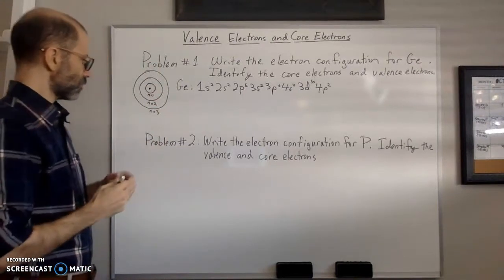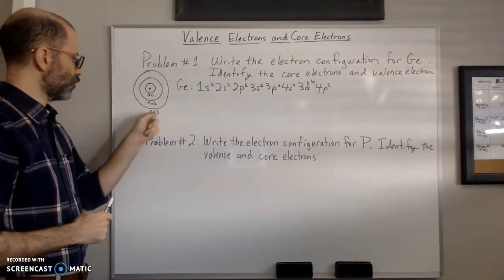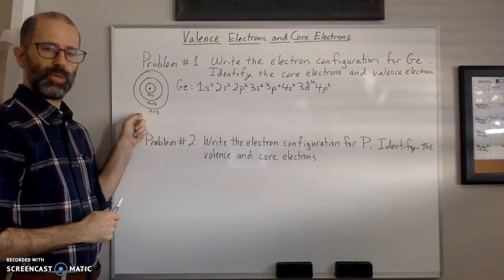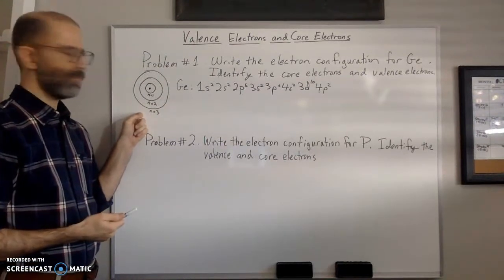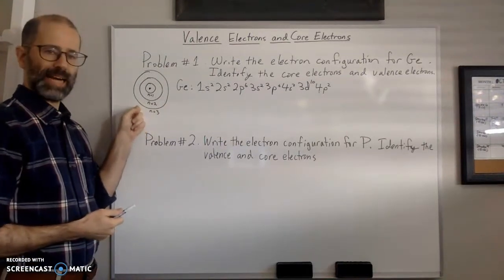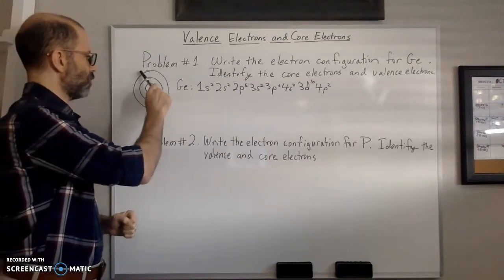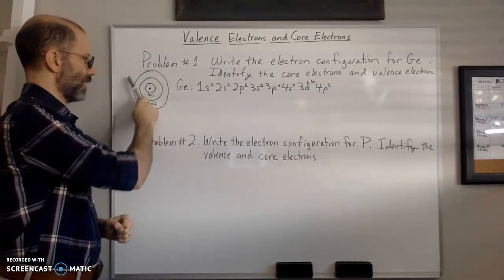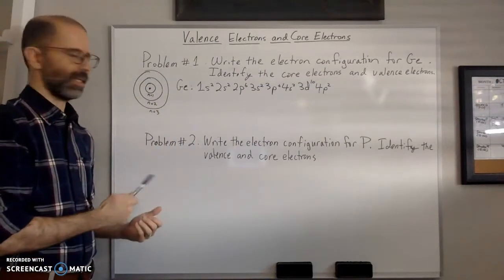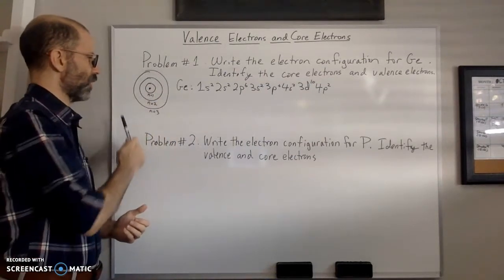So the outermost shell is going to be what we call the valence shell. And the electrons in that outermost shell, in the valence shell, are called valence electrons. So the number of electrons in here is going to be the number of valence electrons in your outermost shell.